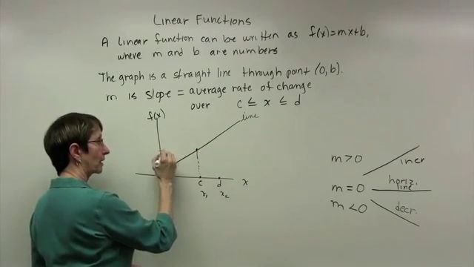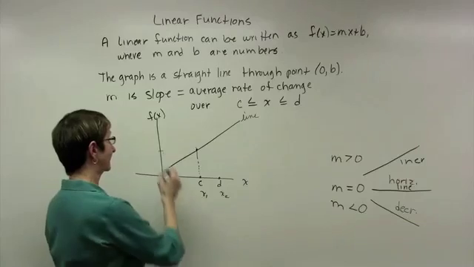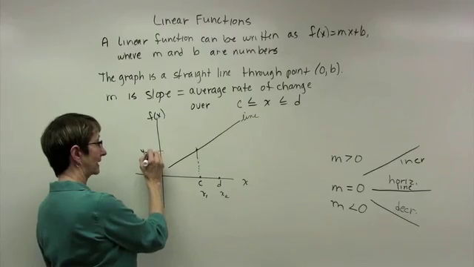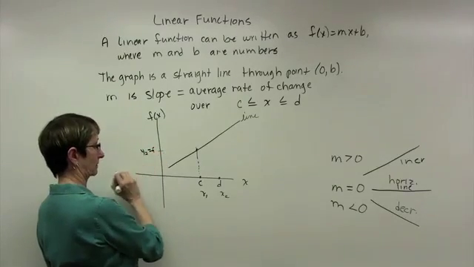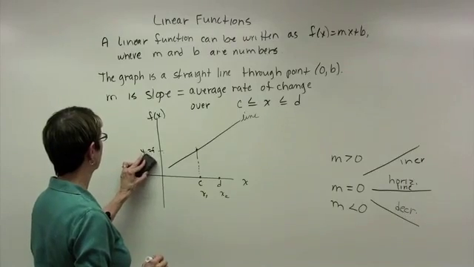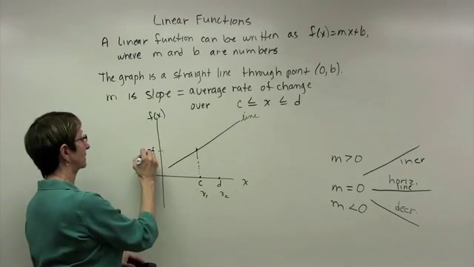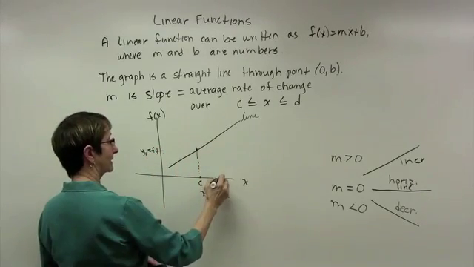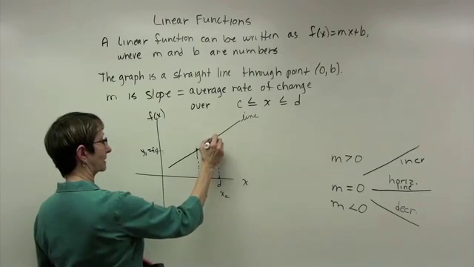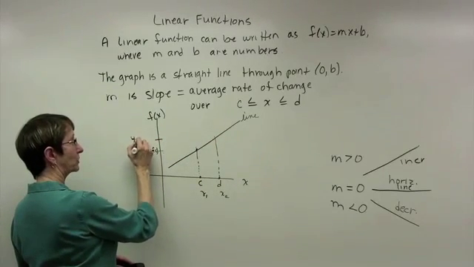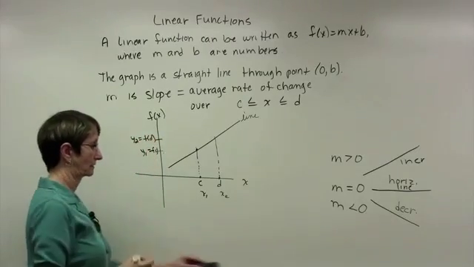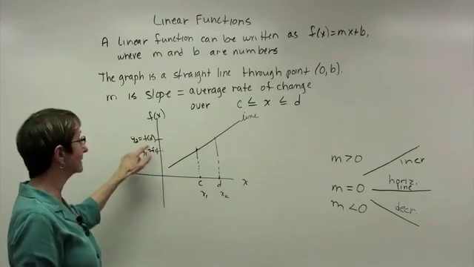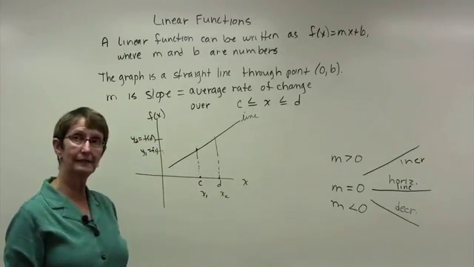This value for C on the f of x axis could be written as y1, because it's associated with x1. So y1 is f of C. For D, that would be y2 or f of D. So we find the slope by doing the vertical change, the difference in the y's, over the horizontal change, the difference in the x's.